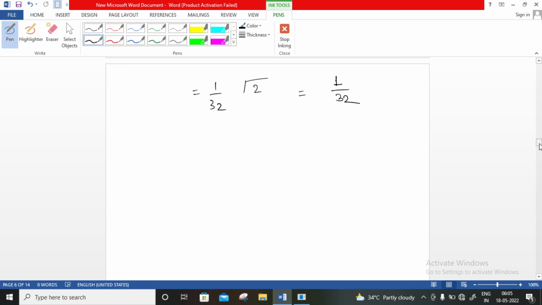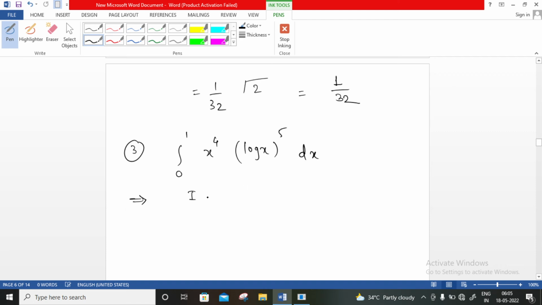Now I solve one more example. Integration 0 to 1, x^4 (log x)^5 dx.